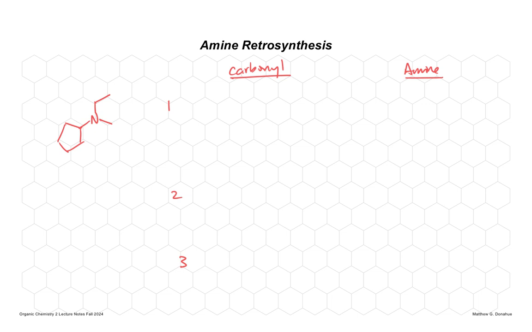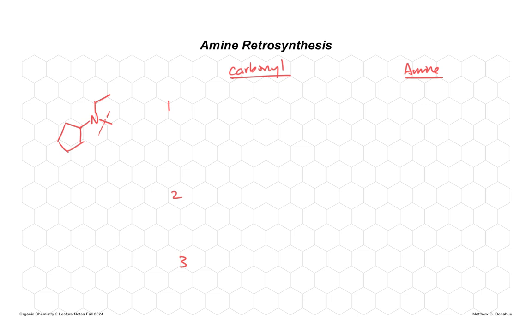And I guess the way I'll start it is by sort of lowest carbon count. If we want to make this bond, that carbon atom, that methyl group, would have to be the carbonyl component.